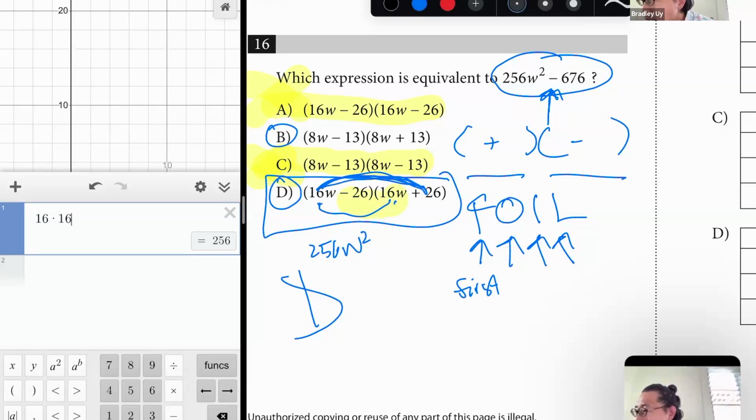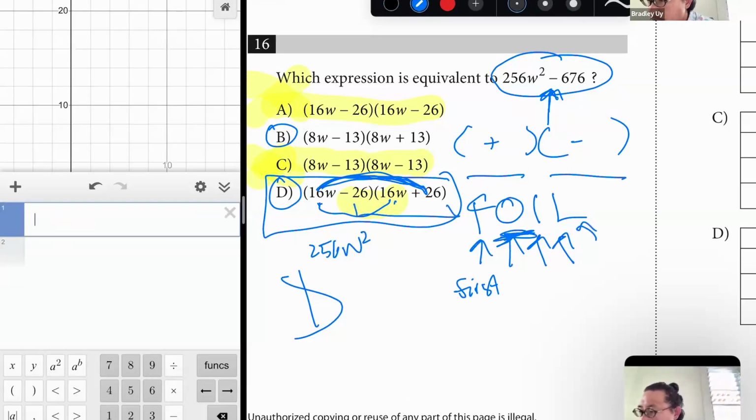One's positive 26 times 16w, one's negative 26 times 16w. They will cancel each other out because you will add them at the end. And so the outside and the inside in this case cancel out. And we just have the last, which is this times this. And 26 times 26, or 26 squared, is 676, which is this that we're shooting for.